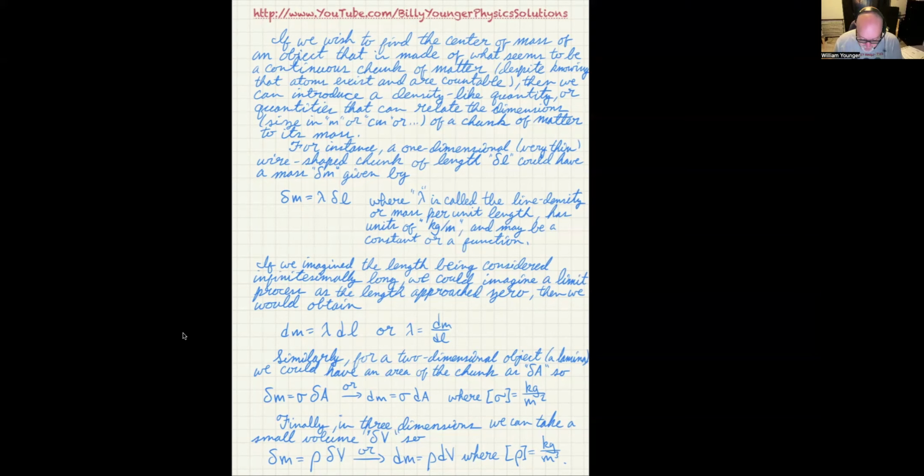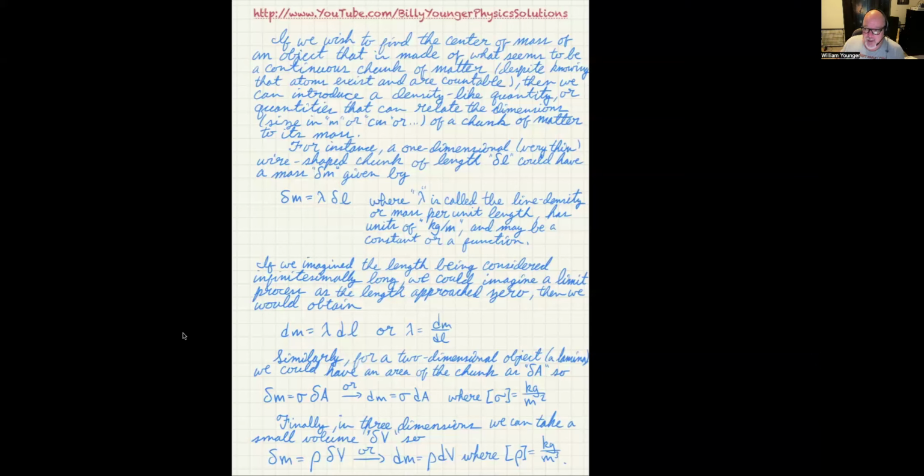If you did that, you could imagine taking the limit as delta L, that small length, becomes infinitesimally small. So you take the limit as delta L goes to zero. That delta L then becomes a dL, like we know from calculus.